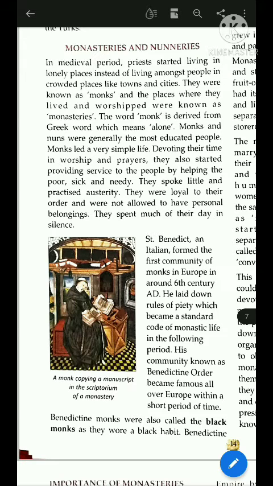They focused on their austerity. They were loyal to their order and were not allowed to have personal belongings, like their own bed, their own car, anything that belongs to them.